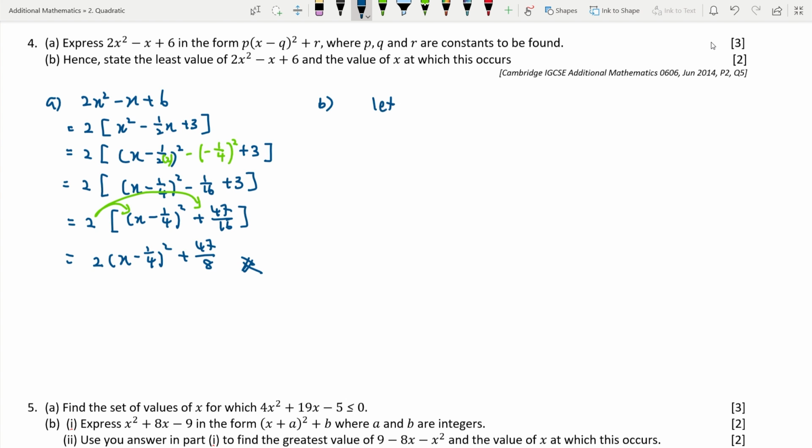If we let this expression be y, then this question is looking for the least value, meaning the smallest value of y, that is the minimum y. The minimum value is represented by r when the expression is written in vertex form. Hence, our minimum y will be 47 over 8.